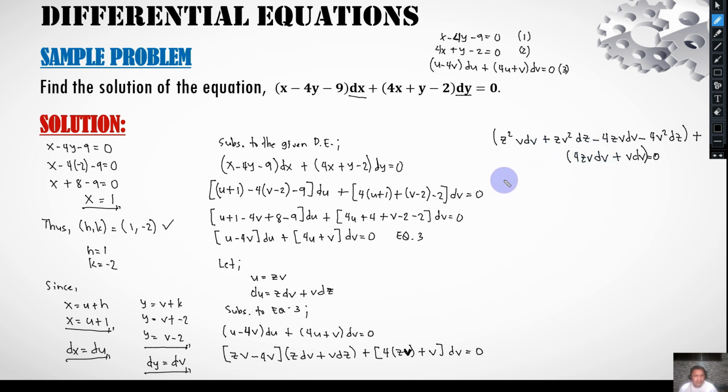So, first we have this z squared v dv. So, tapos na to. At saka, ano pang may dv dito? So, ito. So, we have now this minus 4zv dv, right?